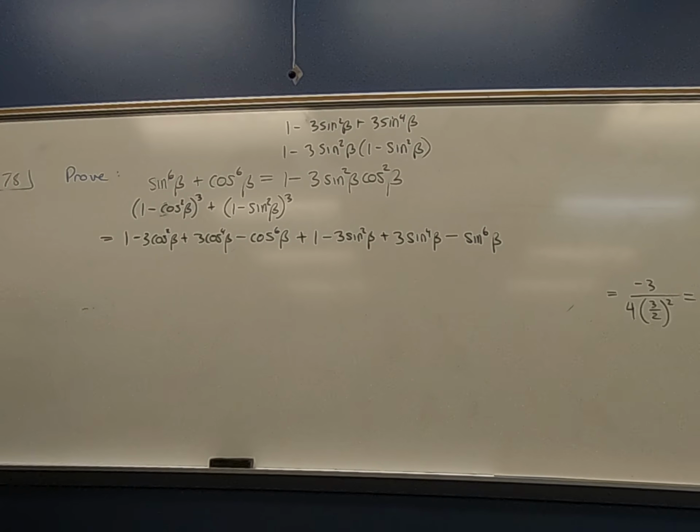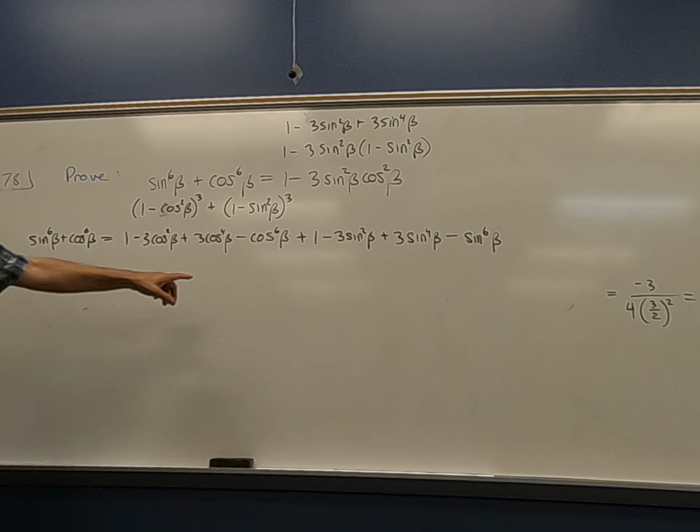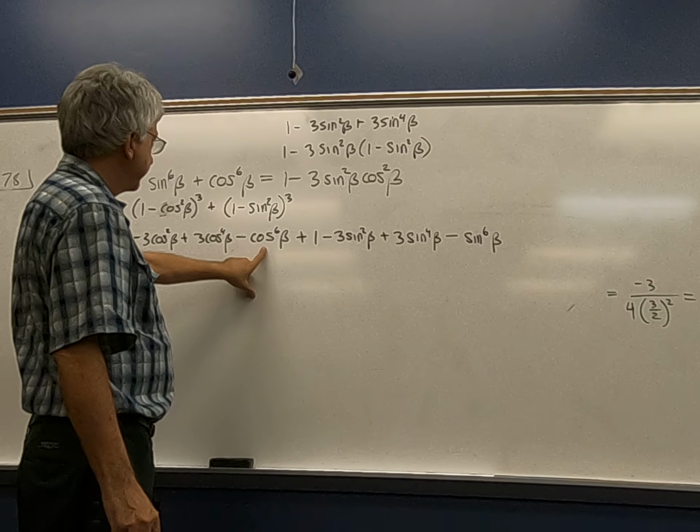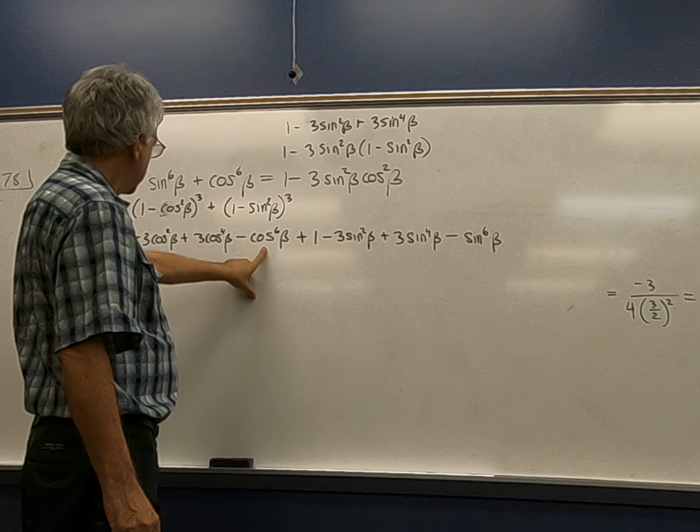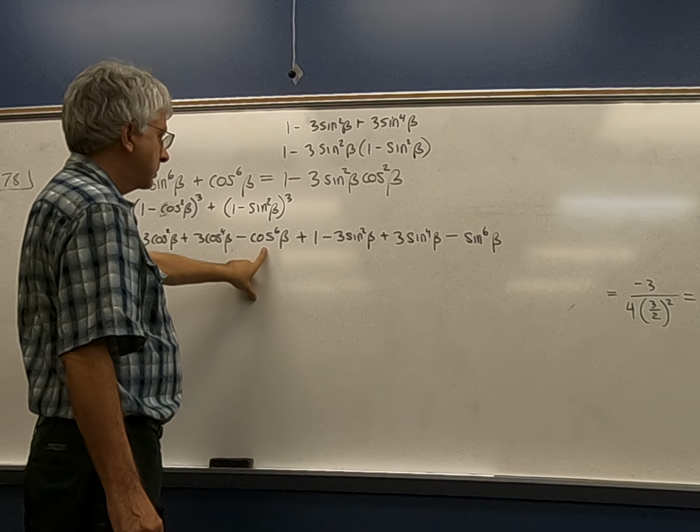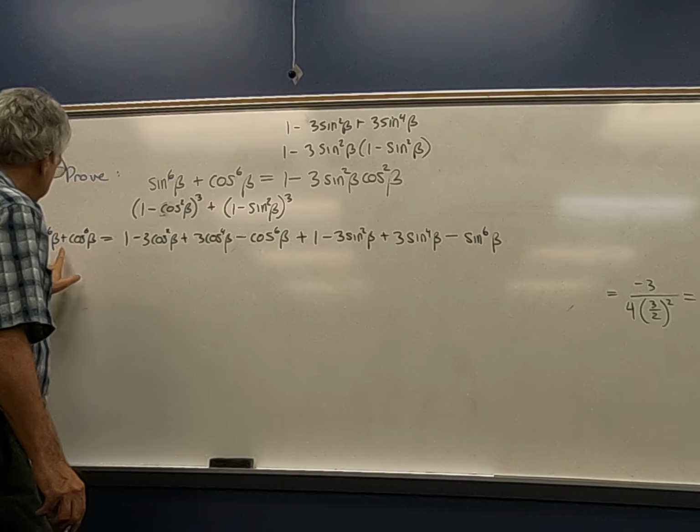Oh. That's funny, because now we got our cosine and our sine back, right? So we can say, look, sine to the 6th beta plus cosine to the 6th beta is equal to that. And we can add sine to the 6th and cosine to the 6th to both sides.